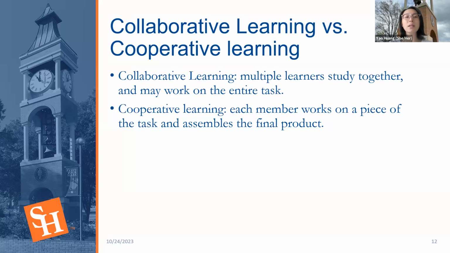So think about this course here. If I put you into groups and I say, okay, student A only studies module 1, student B only studies module 2, and in the end, you assemble it together, that is cooperative learning, because each of you touches one piece of the task.